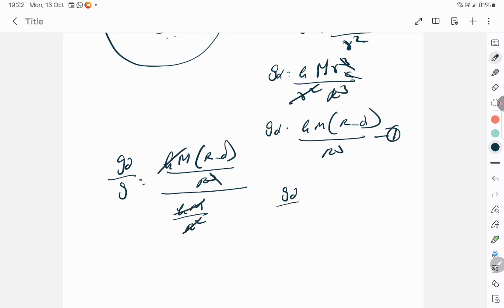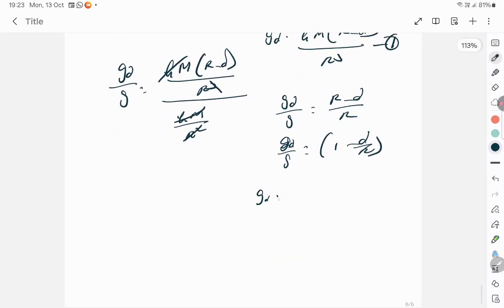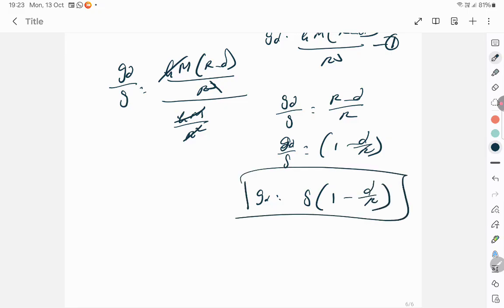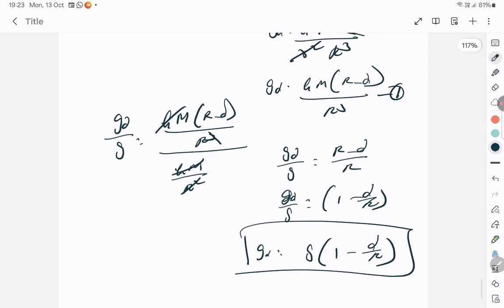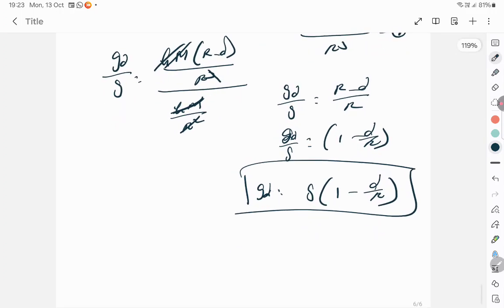So gravity at a particular depth by gravity is R minus d by R, which is 1 minus d by R. So gravity at a particular depth is g into 1 minus d by R. It's a formula. Okay, in m, multiply the R value in m. GM got cancelled. This is the formula for gravity at a particular depth.